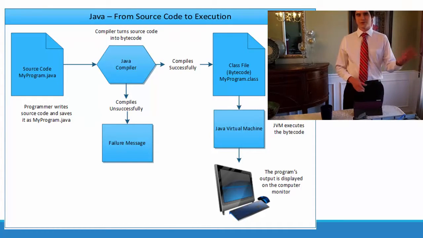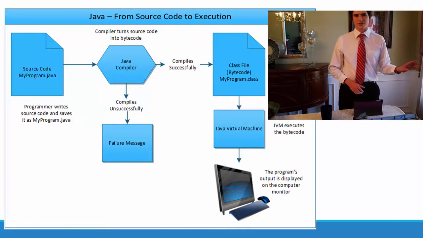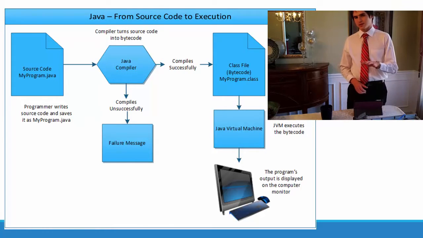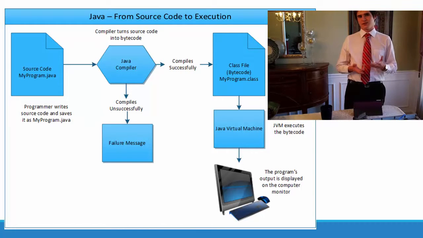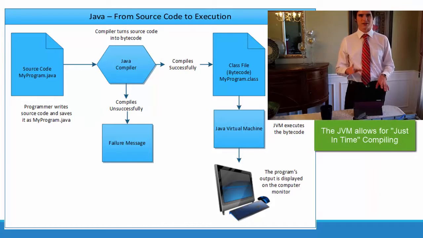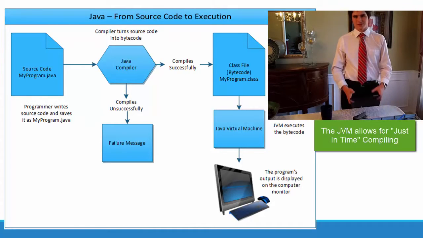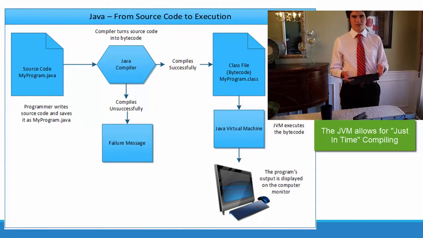So that way you write it once as your Java file, it compiles into bytecode, and then the Java Virtual Machine looks at that bytecode and uses that to run the program on whatever host operating system you're using. So that's what makes it work.